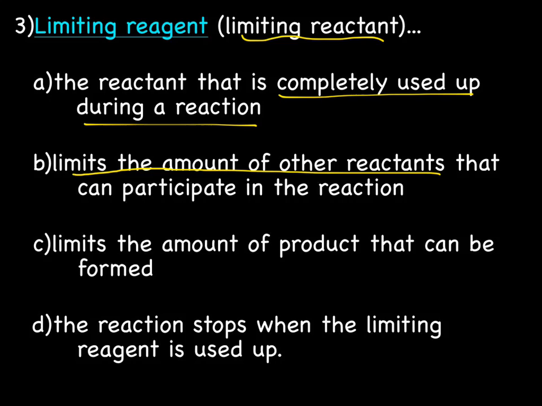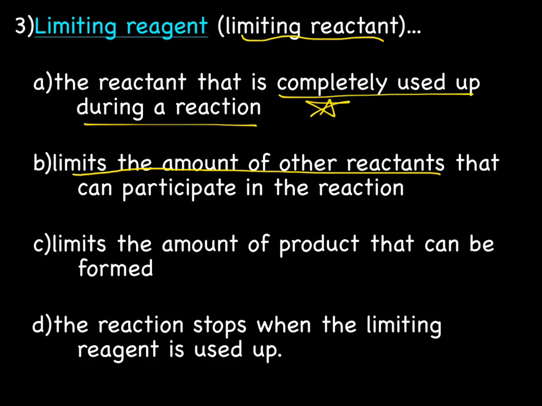Why is that? Well, let's say we had two reactants, one of which is the limiting reagent. Once it's been completely used up, the reaction can't go any further, even if there's more of the other reactants left over. So a limiting reagent limits the amount of other reactants that can participate in the reaction.